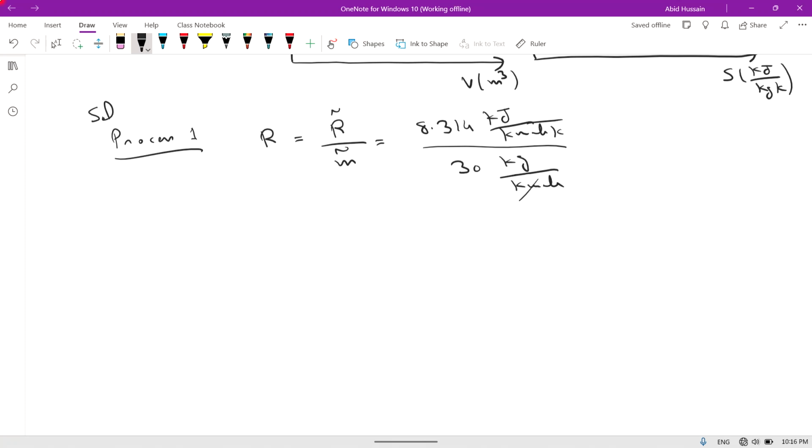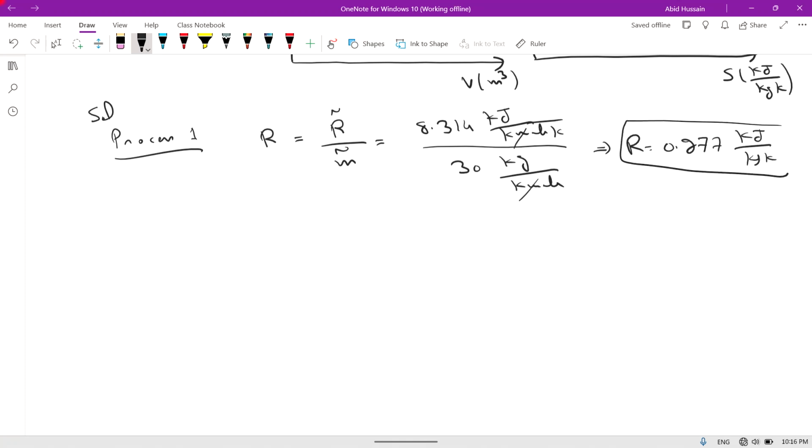So kilomole will be cancelled with kilomole, and the answer for R will be 0.277 kilojoule per kilogram per Kelvin.